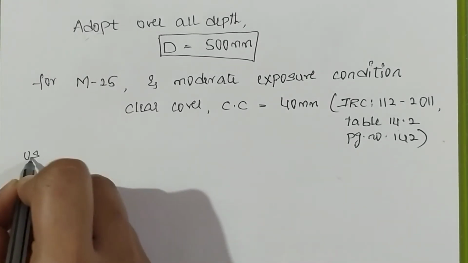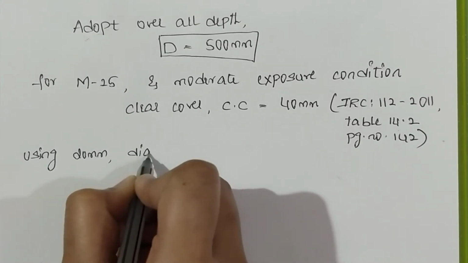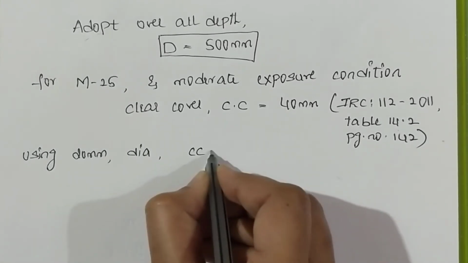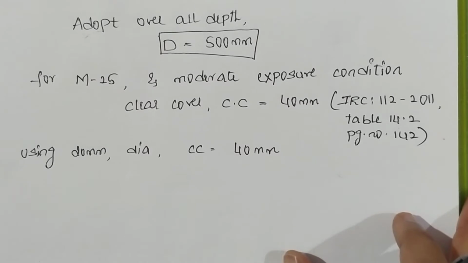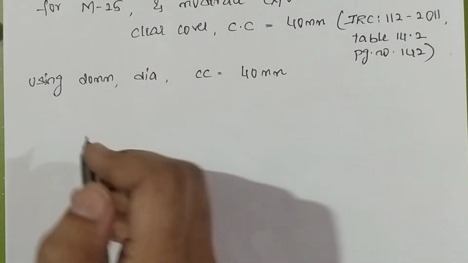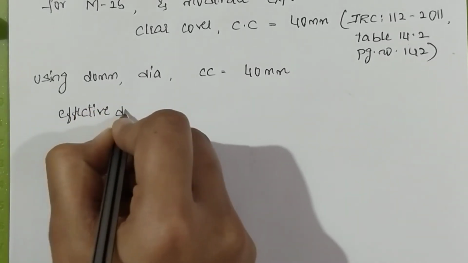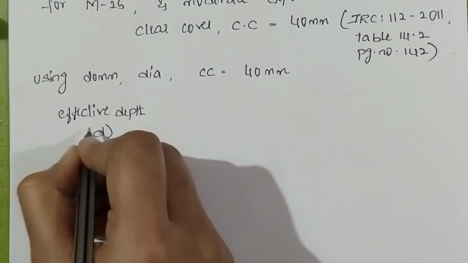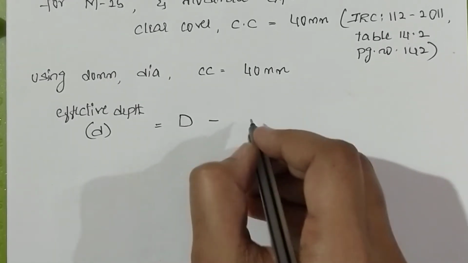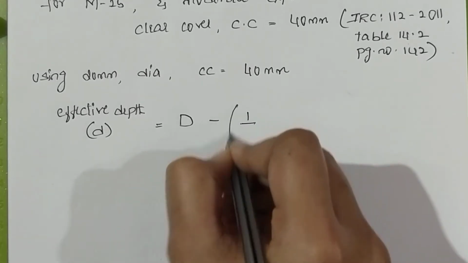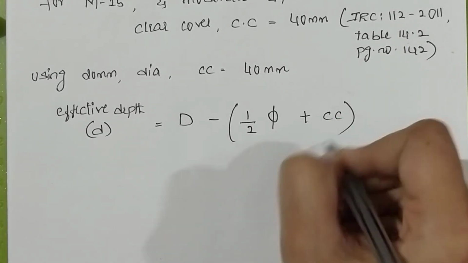Using 20 mm diameter bar and the clear cover 40 mm, effective depth, that is small d, will be equal to overall depth denoted by capital D minus the dia of the bar plus clear cover.